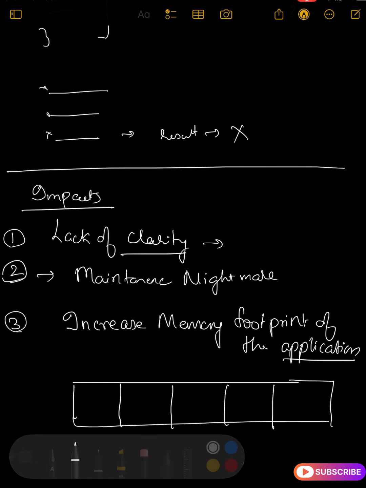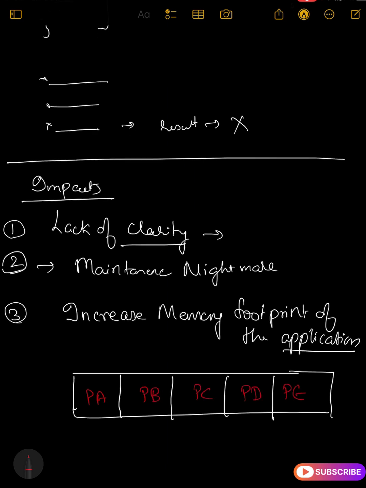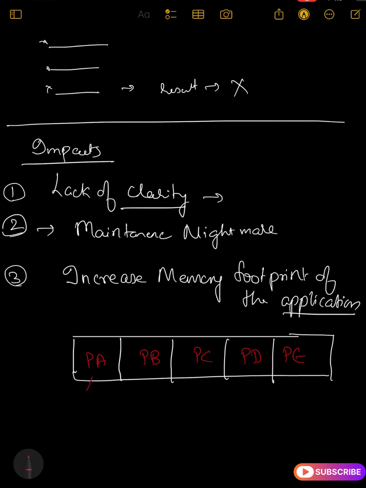Say you have process A, process B, process C, and process D. In process A there is a lot of dead code. Then process A will try to occupy more memory in the RAM.